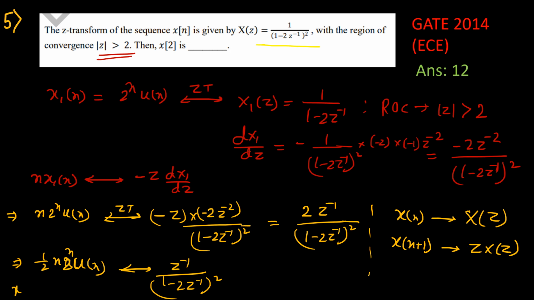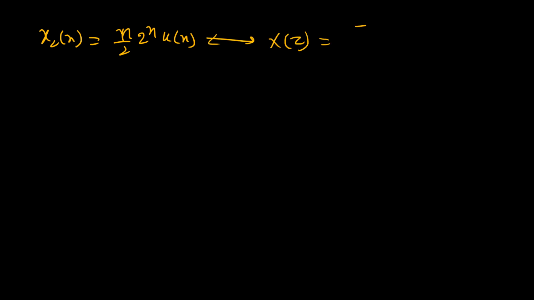If I consider this as your x2 of n, and this is your capital X2 of z, then x2 of n is n by 2 to the power n u of n, and its z transform that we have got is z to the power minus 1 upon 1 minus 2 z to the power minus 1, that squared.